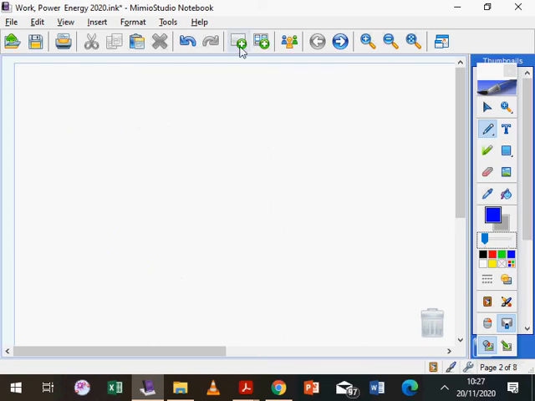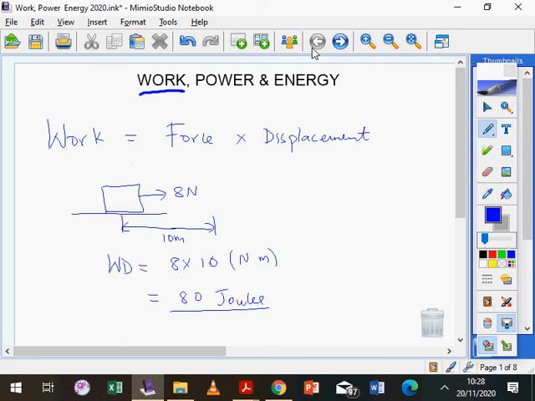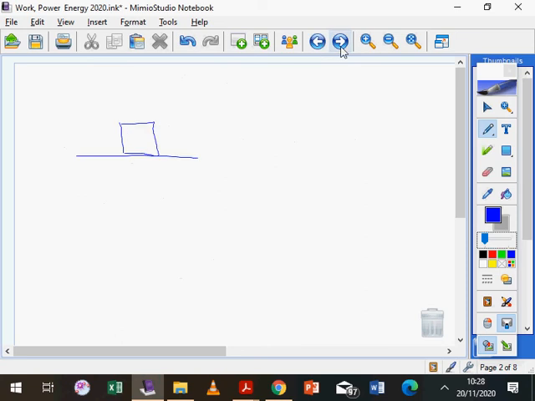If the same Georgie was pulling the same block with the same force of 8 newtons through the same distance of 10 meters, but this time his force of 8 newtons is acting at an angle, because that's more convenient. It's more convenient to pull something along the ground if you have a rope than having to bend. If that force was at an angle of say 30 degrees, and the displacement is the same, still 10 meters, we would still need to consider the force that's causing horizontal motion.